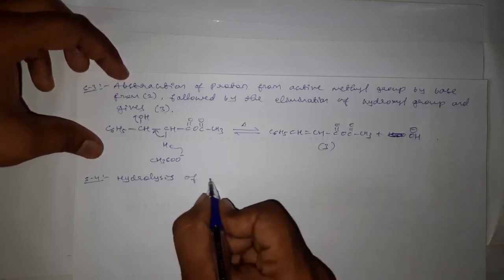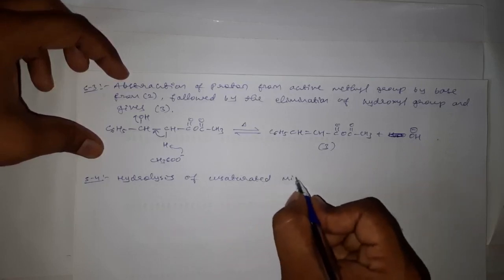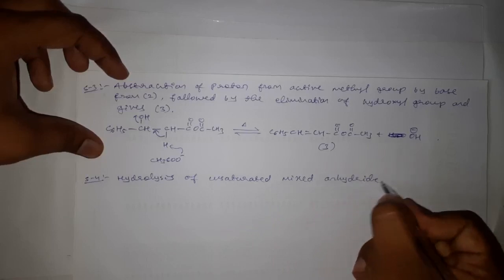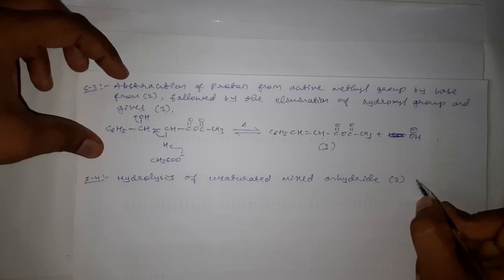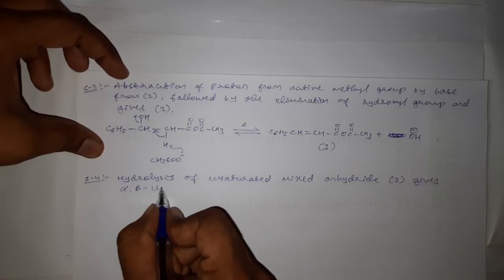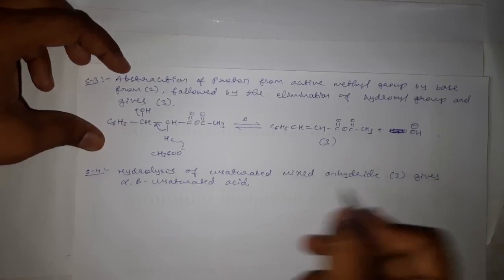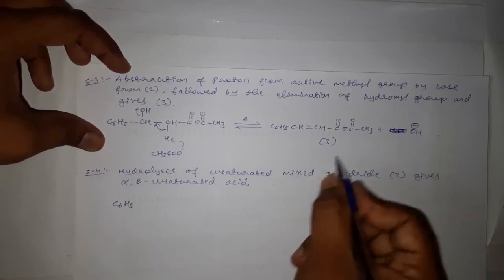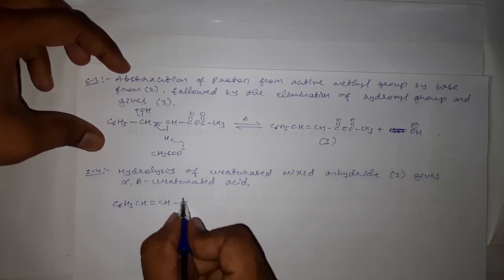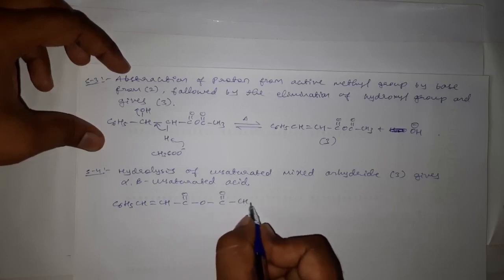Hydrolysis of the unsaturated mixed anhydride, intermediate 3, gives alpha beta unsaturated acid. I will write C6H5CH=CH, C=O, O, C=O, CH3.